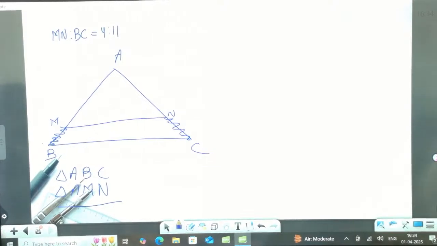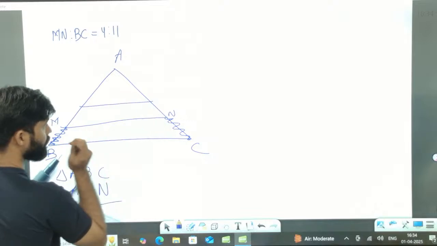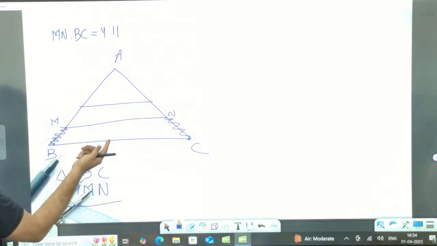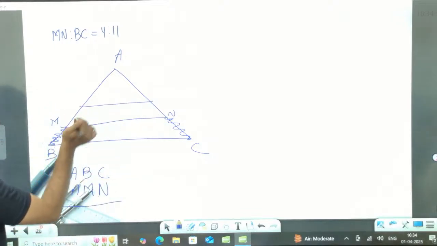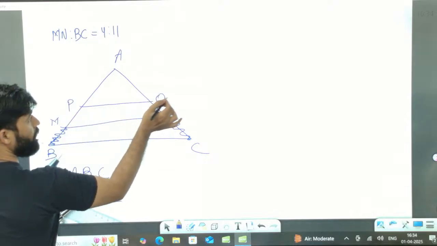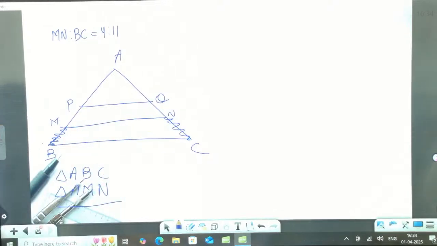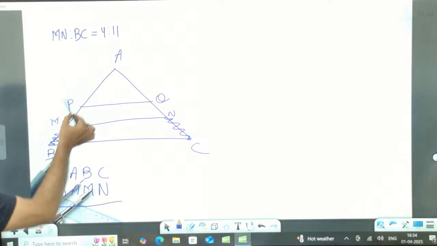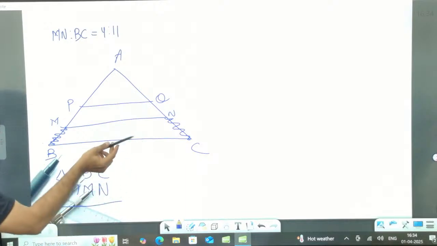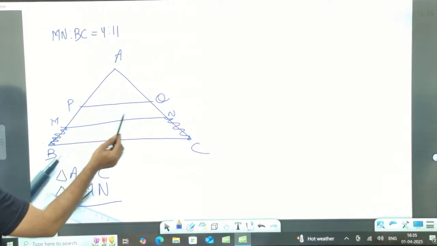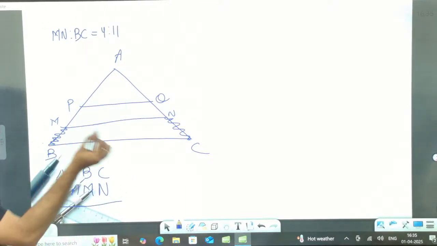Okay. I'm taking another cut which is parallel to that base BC. So now the triangle is APQ. Will APQ be an equilateral triangle or not? Definitely. So in an equilateral triangle, if you take any parallel side, that triangle will also be an equilateral triangle.